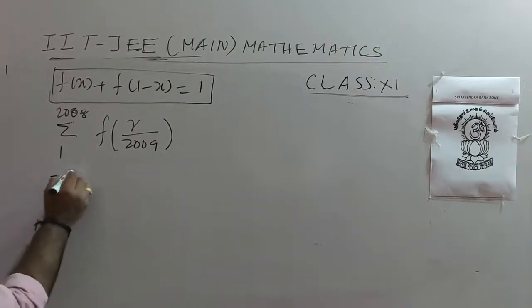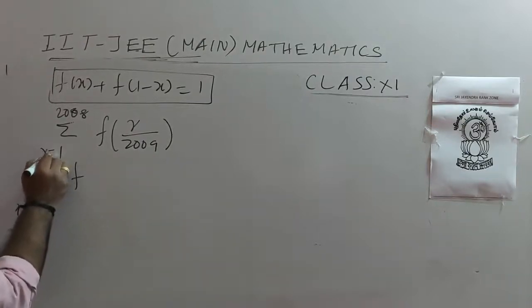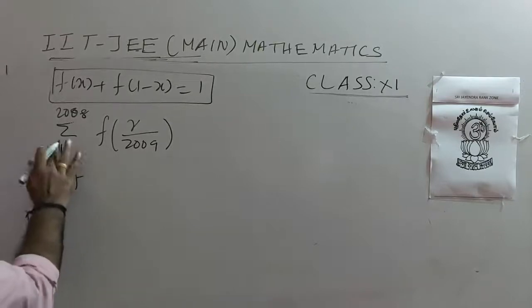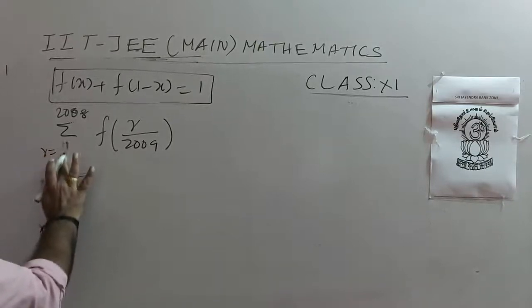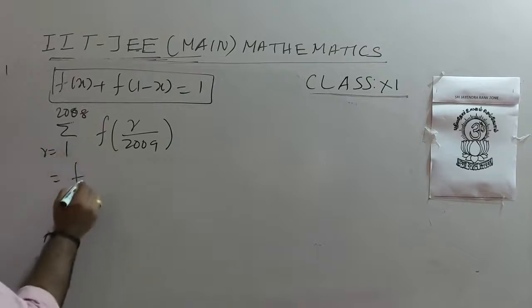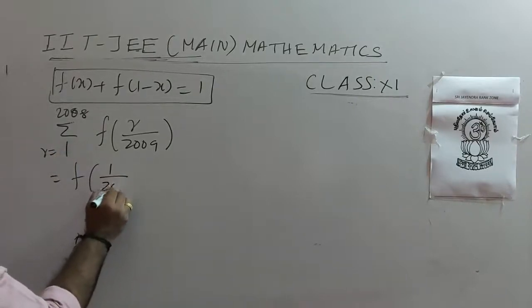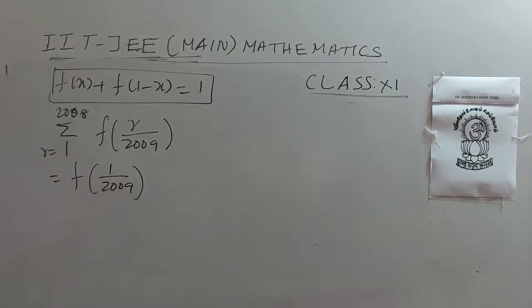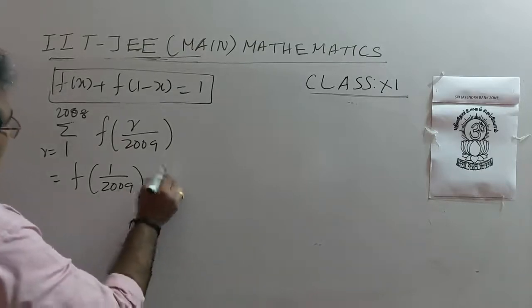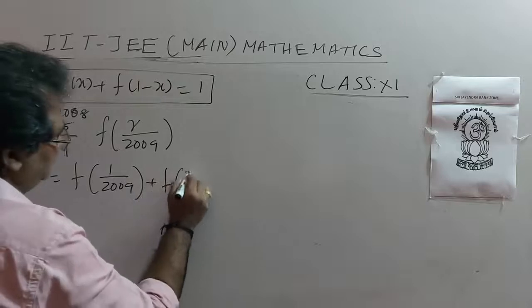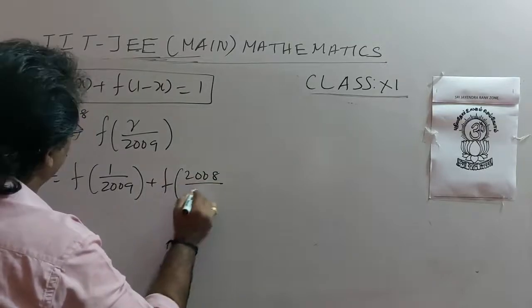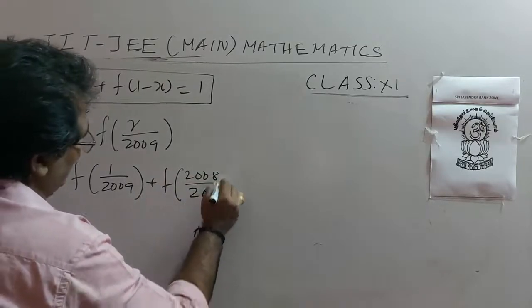That means f of 1 by 2009, up to the last value f of 2008 by 2009.